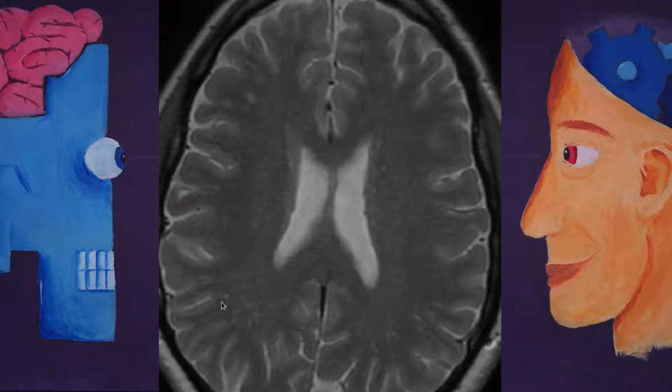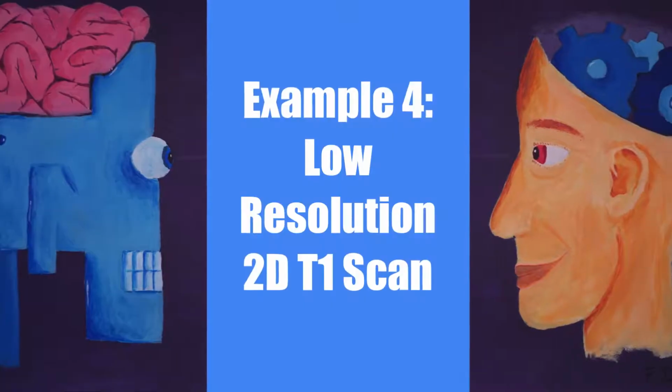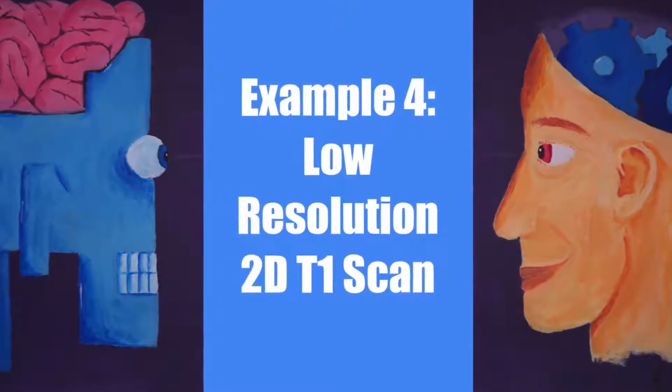Here, for instance, these are clear perivascular spaces. On T1s it's a bit different: instead of being white hyperintense, perivascular spaces are black hypointense on T1s. Usually you see perivascular spaces a bit less well on T1 than on T2.